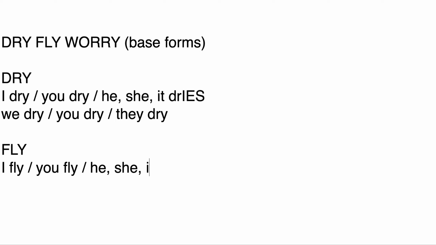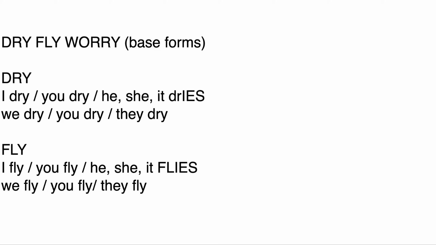He, she, it flies. Okay? So what did we do here? We can't do this. F-L-Y-E-S is not possible. So you have to change the Y to an I. It flies. We fly, you fly, and they fly.